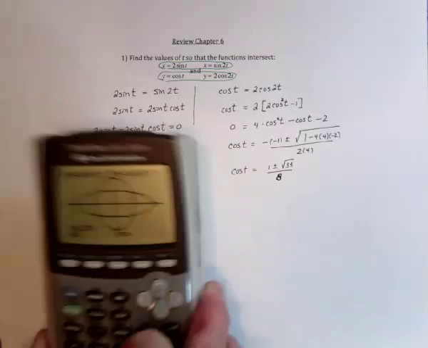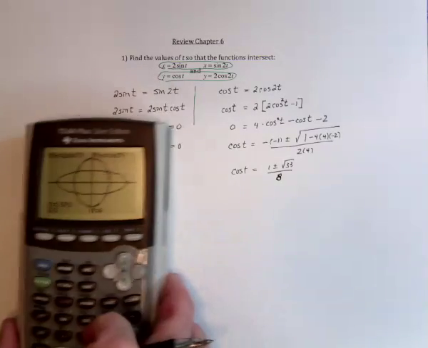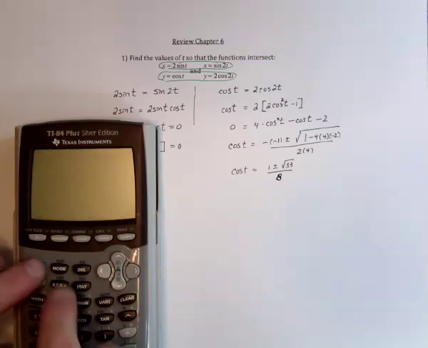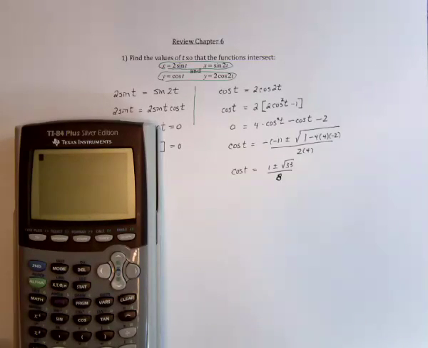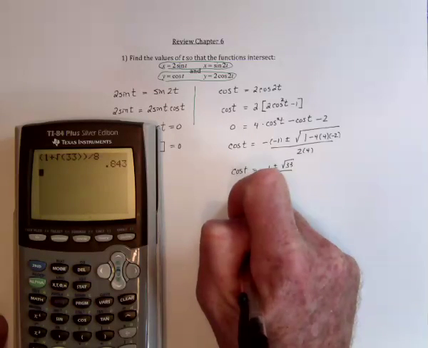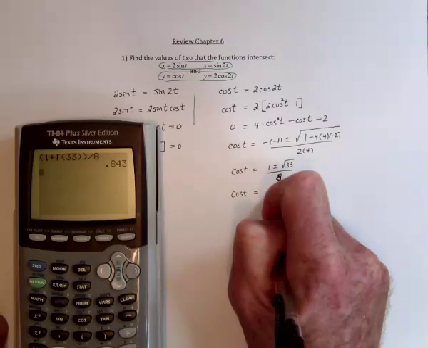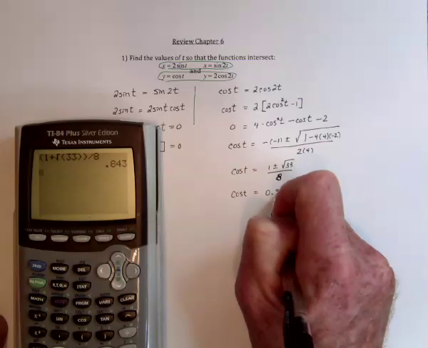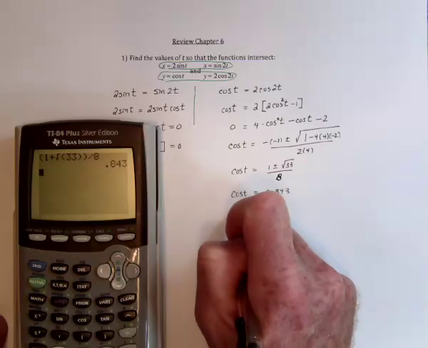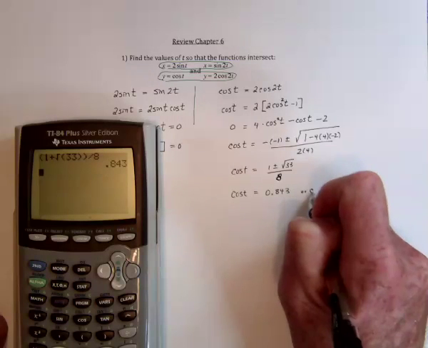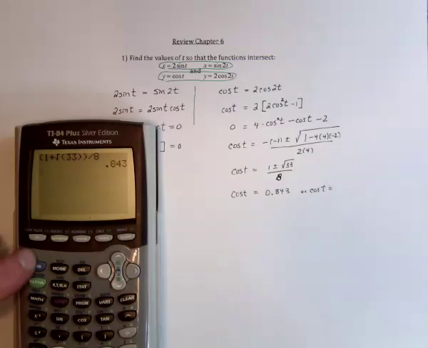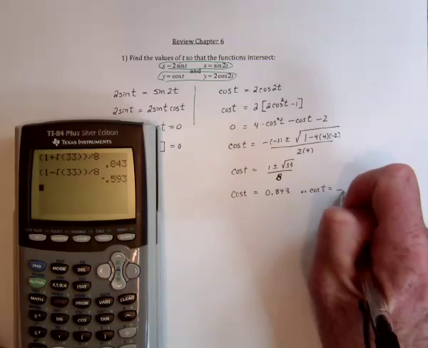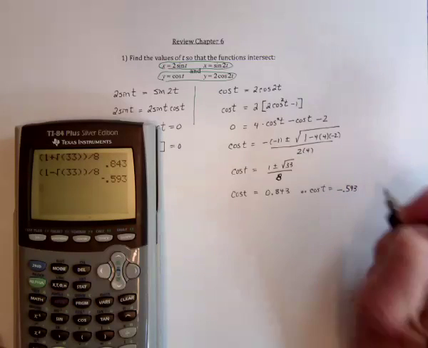Alright, now I need some decimals. So cosine of t equals 0.843, or cosine of t equals, doing the same thing except with subtraction, negative 0.593.